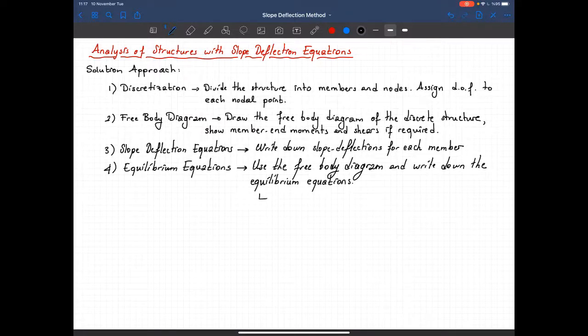Now, if you have rotational degrees of freedom, for each rotational degree of freedom, write down a nodal moment equilibrium equation. This is what we did in our previous example problems.